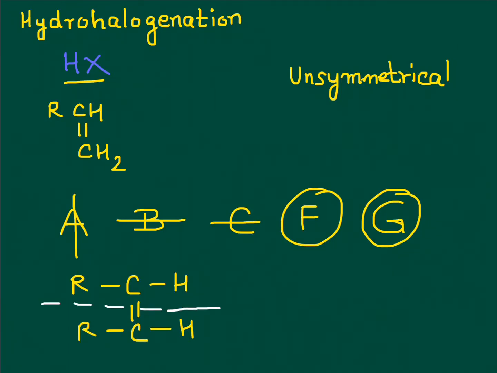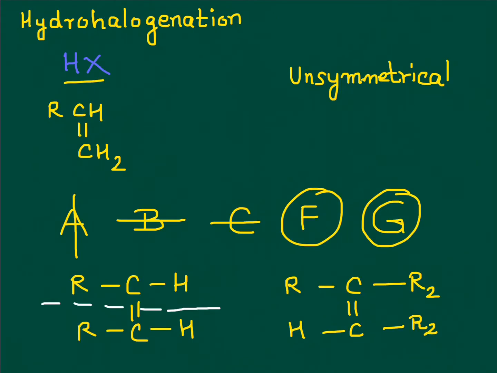It's a symmetrical alkene. On the other hand, if I have C double bond C and I have an R here, and I have, let's say, another alkyl group attached, and I have a hydrogen over here, and let us say another alkyl group.